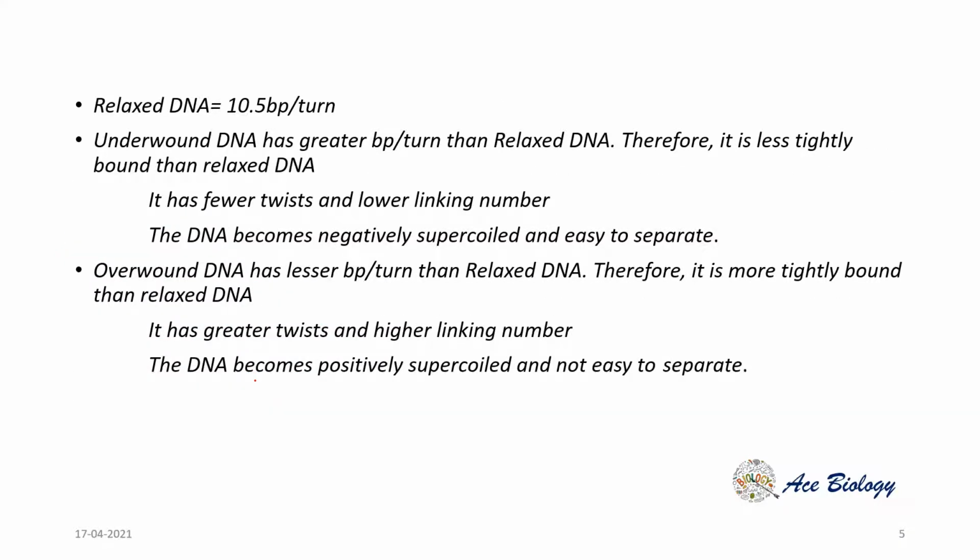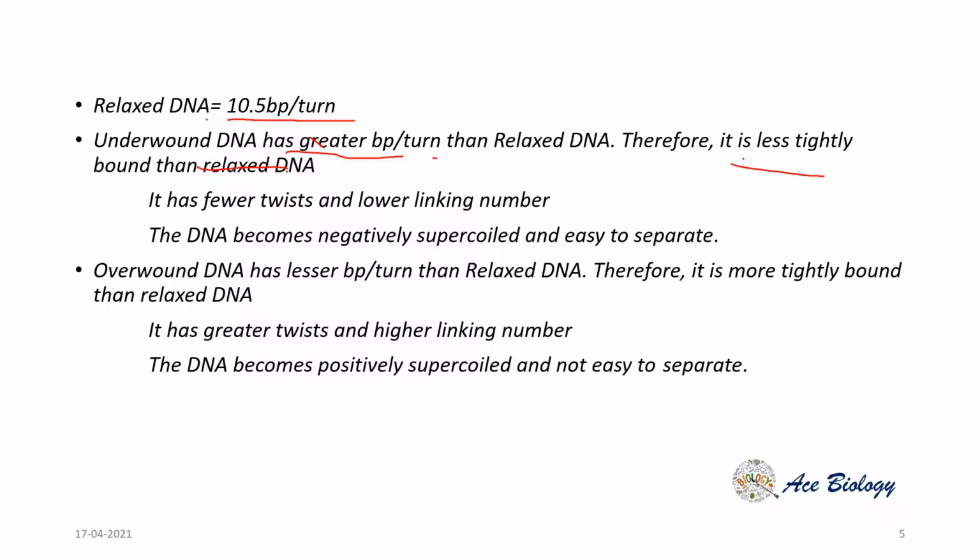We know that under general conditions, when DNA is relaxed, we have 10.5 base pairs per turn. Now, if the DNA is underwound, it has a greater number of base pairs per turn as compared to the relaxed state. This means that it is less tightly bound than the relaxed state.